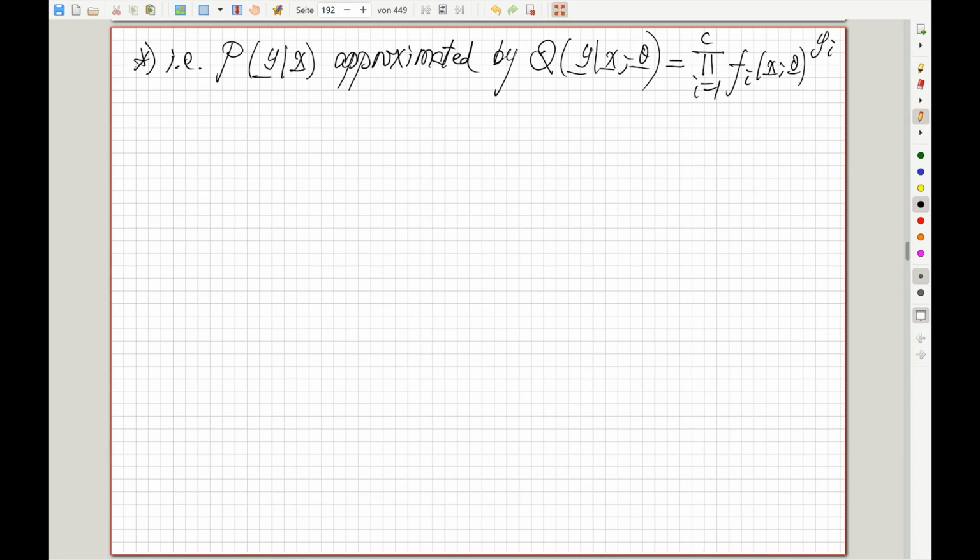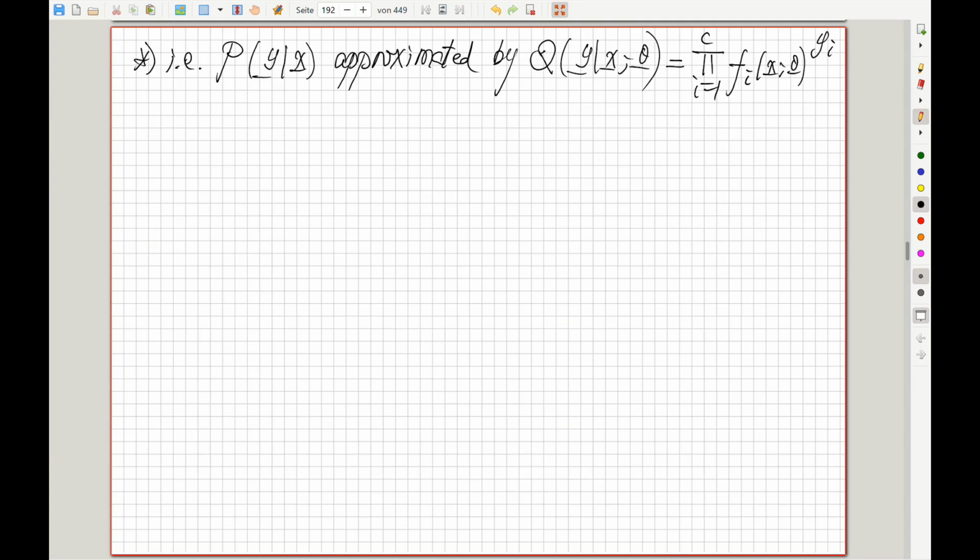Now who can tell me, I want my output of the neural network for classification to behave like probabilities, so all the outputs should be between 0 and 1, and the sum of all these outputs should be equal to 1 due to the normalization. How can I achieve this?